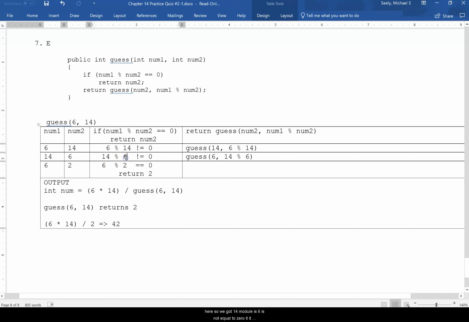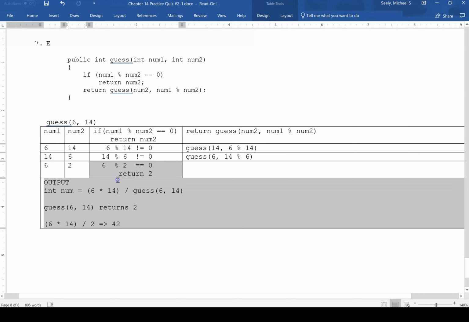So we got 14 modulus 6 is not equal to 0. It would be equal to 2. So we skip that again, and then num2 gets passed into num1, so num1 becomes 6. And then, like I said, 14 modulus 6 is 2, so we got 6 modulus 2. That is equal to 0, so it returns num2, and num2 is 2.